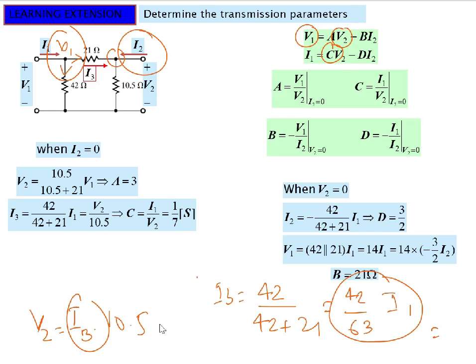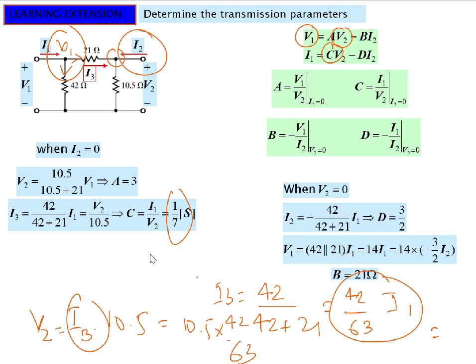So if we replace it by this thing, we will have 10.5 multiplied by 42 divided by 63. That turns out to be 1 by... इससे क्या आ जाएगा हमारे पास सिर्फ 7 आ जाएगा और फिर इसको इन्वर्ट करें तो 1 बाई 7 आएगा. So just check this thing and check if it works for you or not.